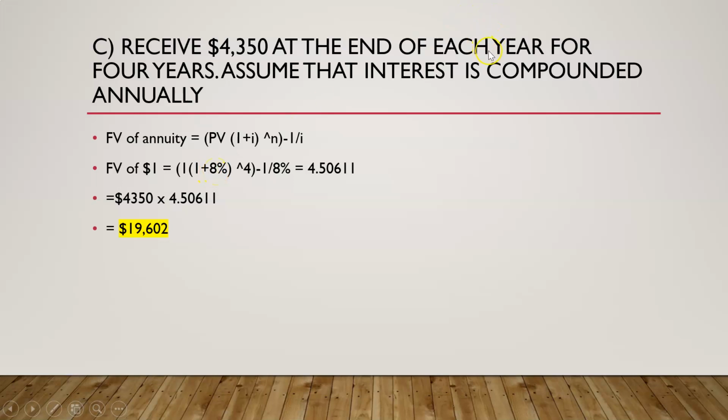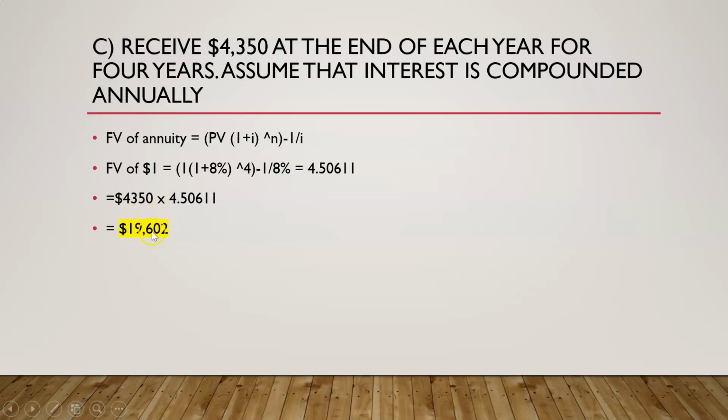Notice that since it's yearly now, not every 6 months, it should be an 8% interest rate now, and the time is 4 years. So it is 4 minus 1 over 8%, because that's the interest rate. Using this formula, it gives us the future value of 4.50611 for $1. Now if you multiply the future value of $1 with $4,350, it gives us $19,602.